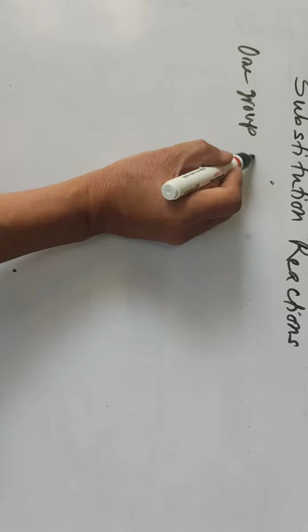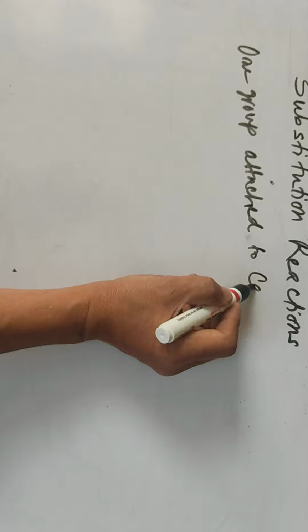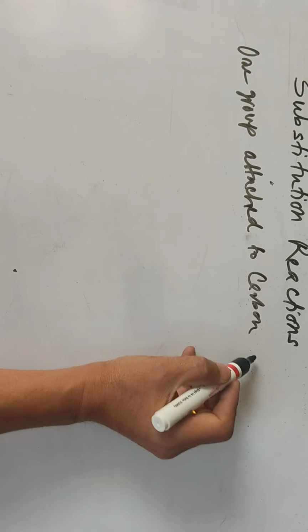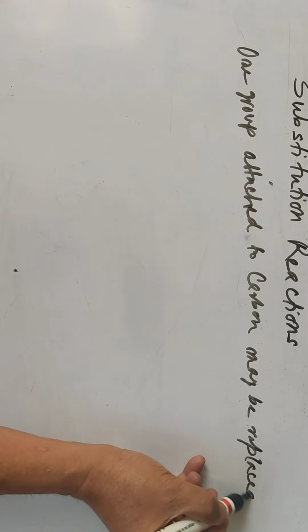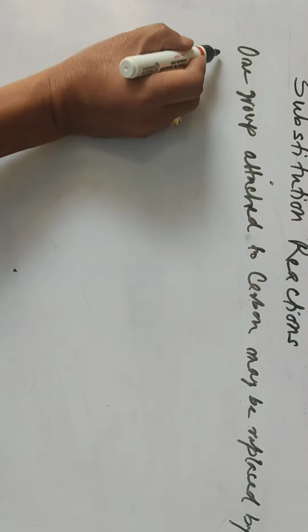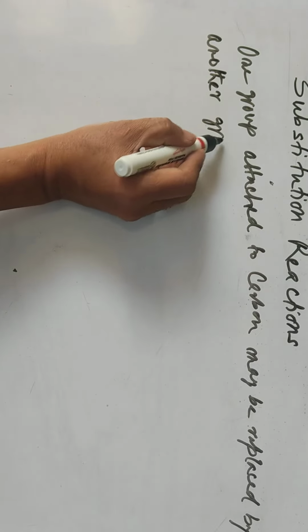Substitution reactions are those reactions in which one group attached to carbon may be replaced by another group or atom. So I write down here: one group attached to carbon may be replaced by another group or atom.